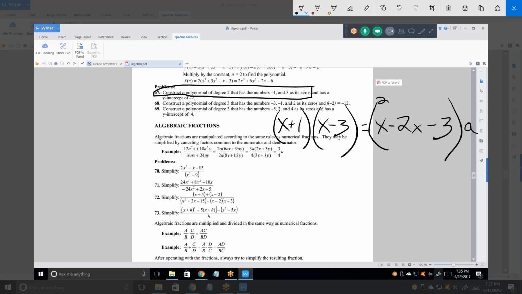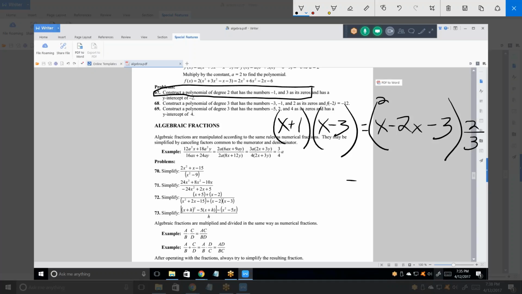And when I'm done multiplying it by a, I'm going to have a polynomial, and this last number is going to be -2 instead of -3. So what does a have to be? I know it has to be a fraction of some sort. Yeah, 2/3. Notice that if I multiply that whole thing by 2/3, it turns that constant into -2.